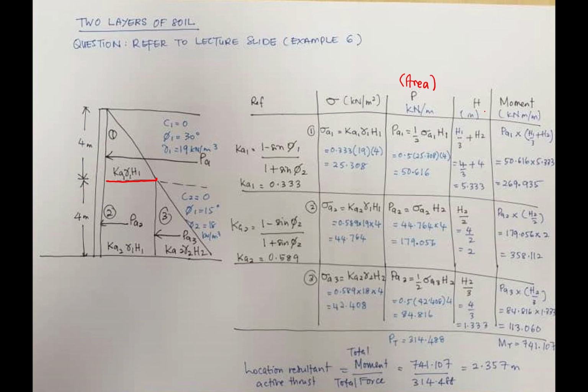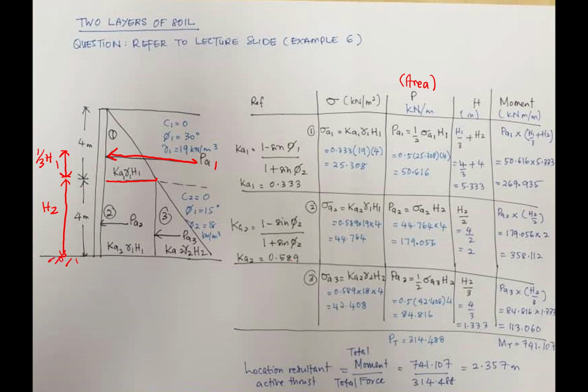Now for the effective height of your PA1. Because this is your PA1, we know that PA1 acts at 1/3 of the height, so this is 1/3 of H1. But because you have another portion here, which is H2, what is the distance from PA1 to the bottom of your soil here?